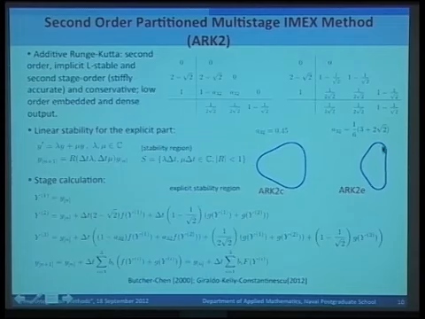If you're using a DG method, the eigenvalues would be a little bit inside the left-hand side of the plane, but for the most part, these methods look pretty much the same. The work we did to build these methods really built on the work by Butcher and Chen in 2000, and then we made some modifications and came up with new explicit parts for this ARK2.